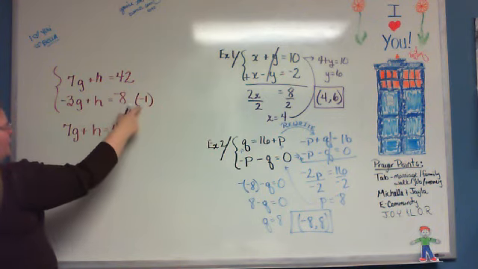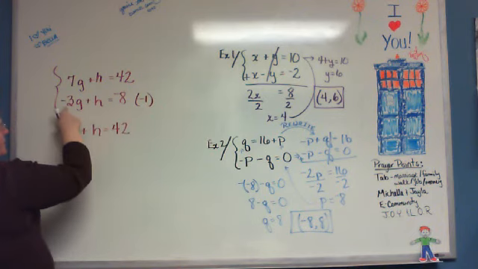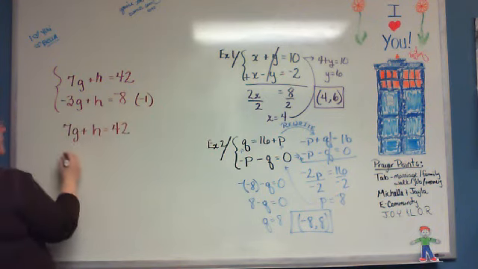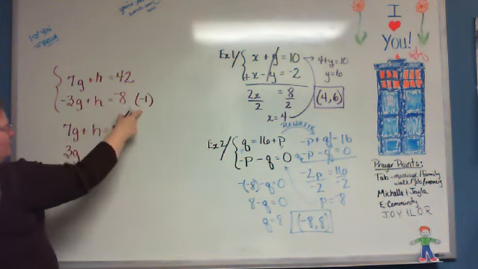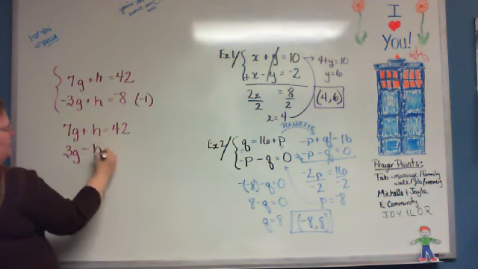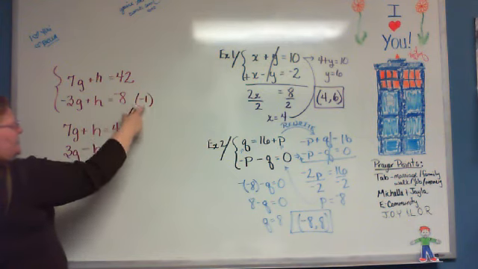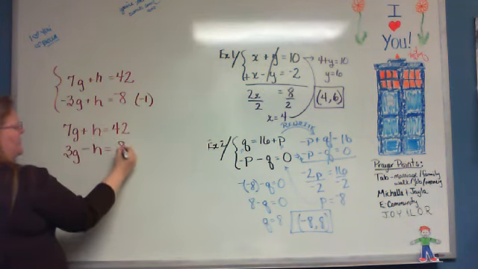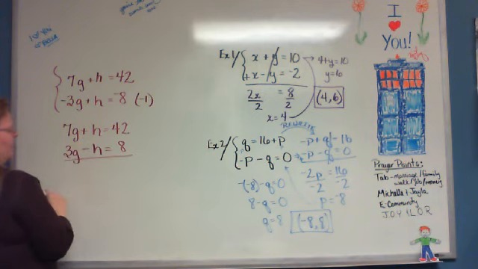But this whole equation I'm going to multiply by negative 1. So negative 3g times negative 1 is a positive 3g. Negative h times negative 1 is negative h. Negative 8 times negative 1 is a positive 8.